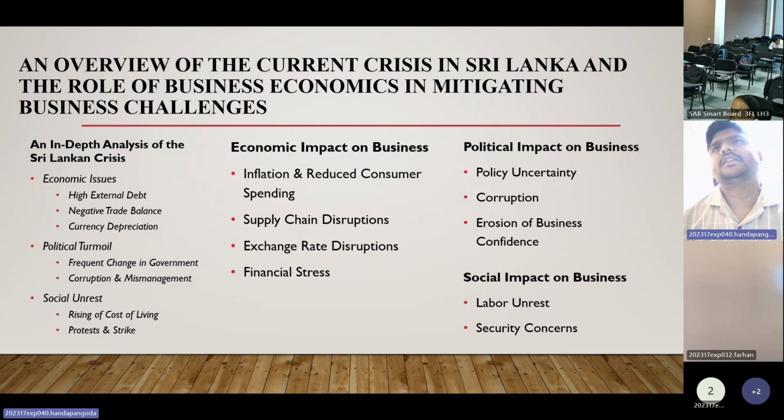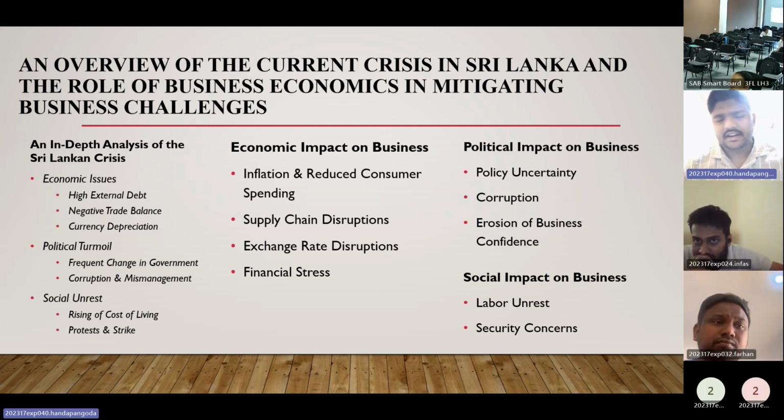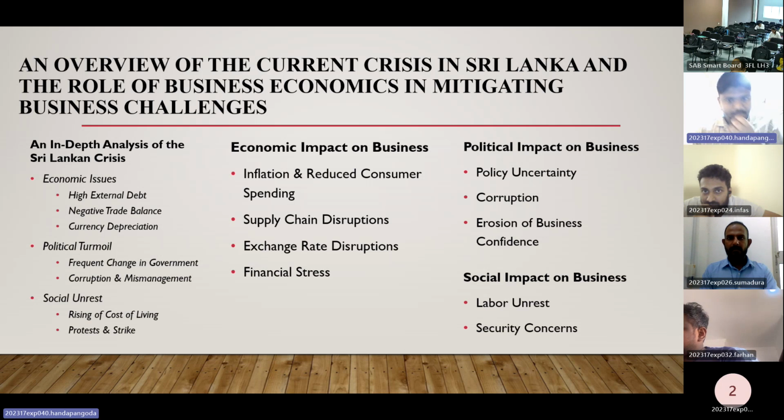I remember that around 2019 we had 180 as the exchange rate. Now it's 360 plus. Because of this, the loans we have taken increased due to the inflation rate. Such cases drive financial stress inside the country.